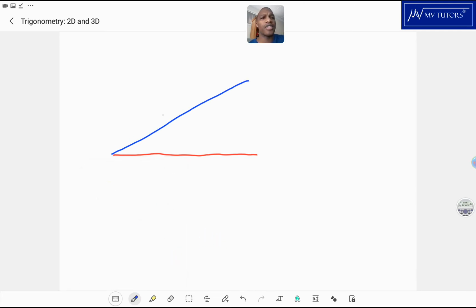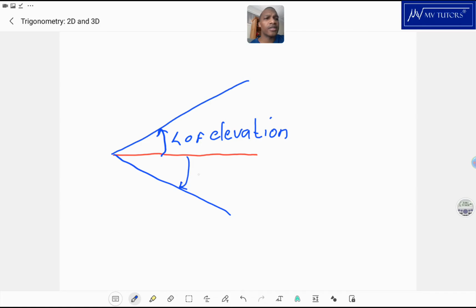So this is an angle of elevation because it's going up from red to blue. This is an angle of elevation. But if it's going down like that, then this is called an angle of depression.